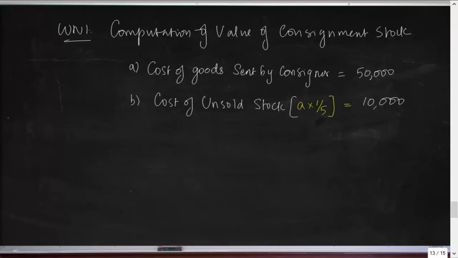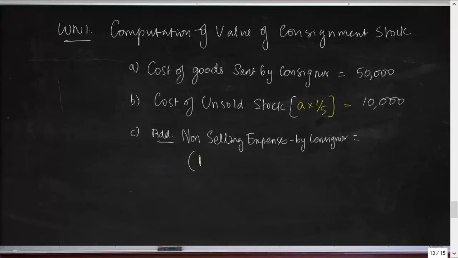So let me add item C, non-selling expenses incurred by consignor, and we know its value, it is 1000. But this 1000 is for total goods, so we cannot take this 1000 in its entirety.